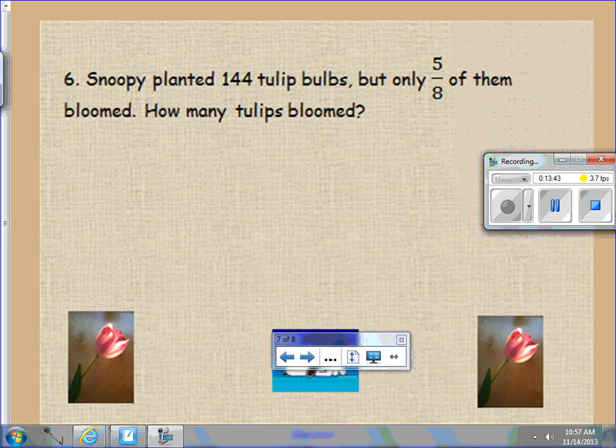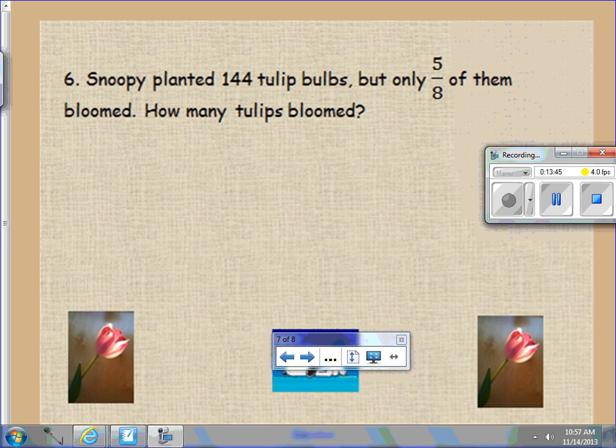Number 6, Snoopy planted 144 tulips, but only 5/8 of them bloomed. How many tulips bloomed? So we have 144 tulips. We need to find out what is 5/8 of those, because 5/8 of those bloomed. Most of the time in math problems, if you're trying to determine what of is, you multiply.